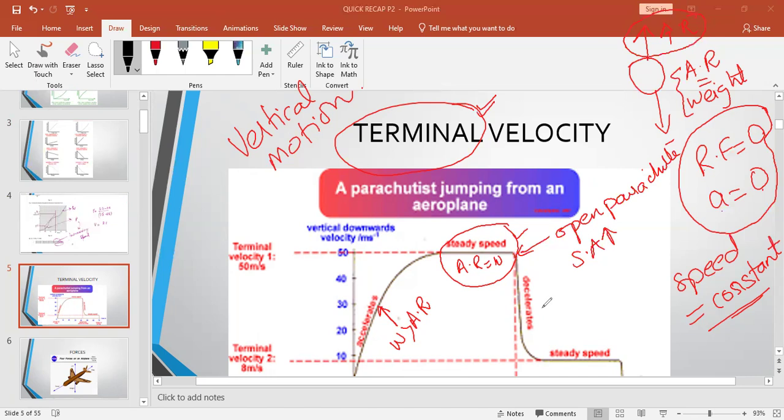So when he starts moving upward, he will decelerate drastically. So this is a deceleration graph. At this point, again, weight will overcome the air resistance and become equal with the air resistance. And again, we will get a resultant force 0, acceleration 0, and we will get a terminal velocity again. Clear?